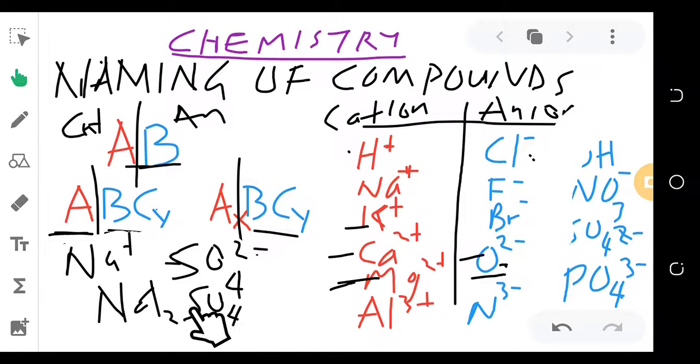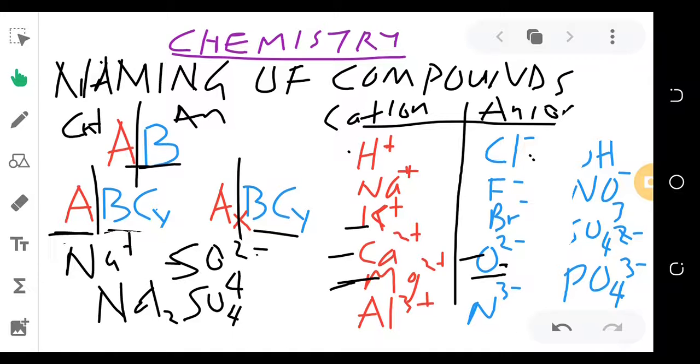The 6 is the oxidation number of sulfur, and using my trick, sulfur belongs to group 6 in the periodic table, so that will be 6. I told you that trick does not always work. It only works mostly for the first 20 elements. So we have sodium tetraoxo sulfate 6.